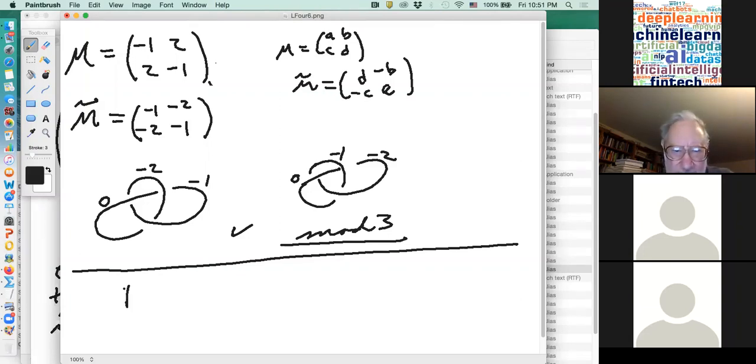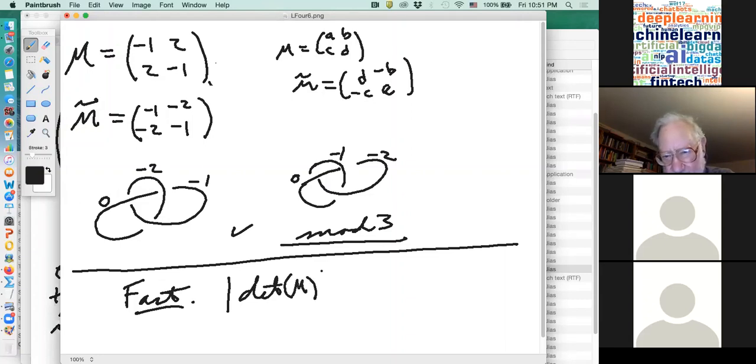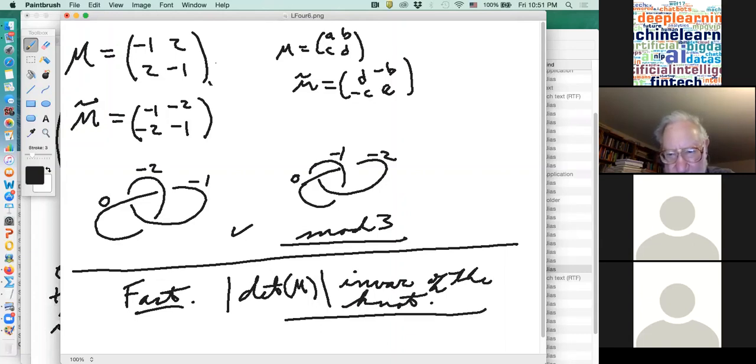It is a fact that the absolute value of the determinant of m is an invariant of the knot. For that, you have to settle down and look at something a little more carefully.